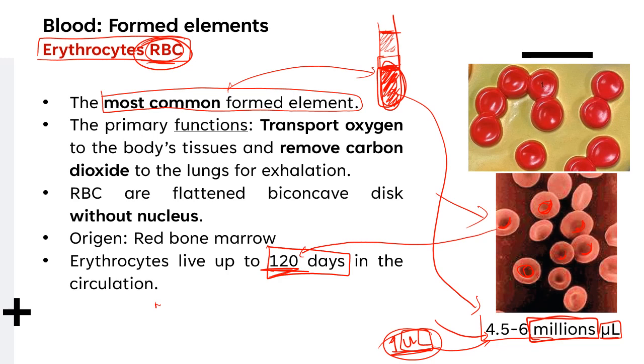So red blood cells are 120. They lack flexibility, and they will enter the spleen, and there the macrophages of the spleen, which are a specific type of white blood cell, will break down or destroy all red blood cells.